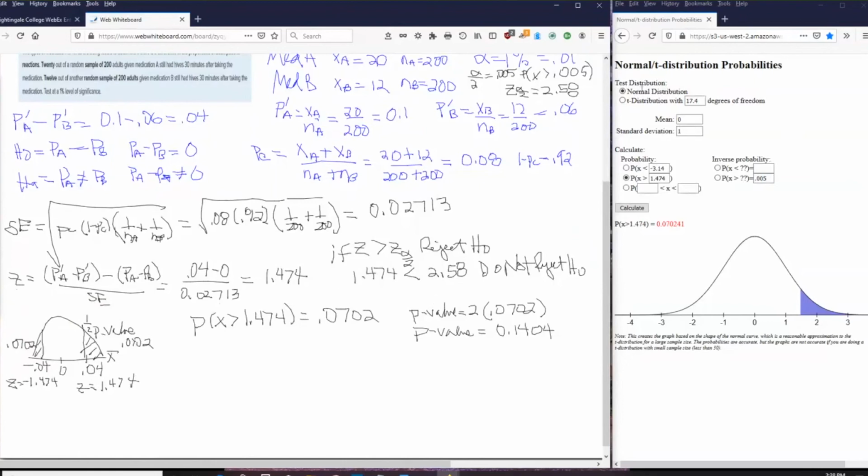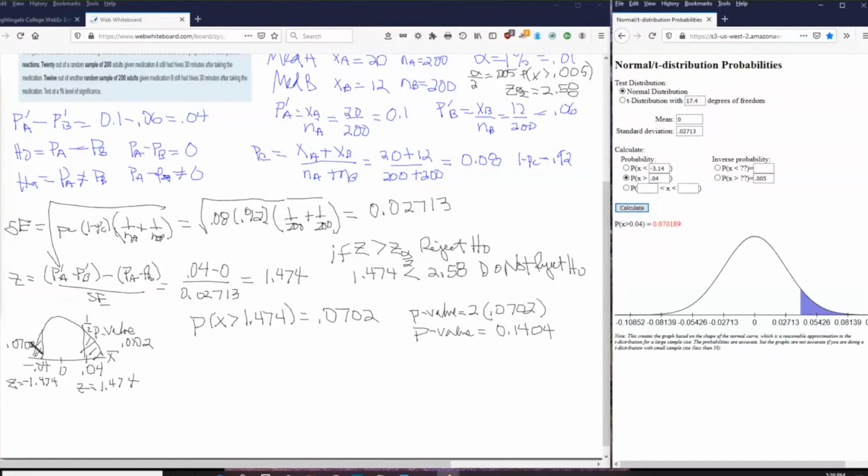So if I have a normal distribution, the mean is 0, standard deviation is 0.02713, then I could have also found my p-value by plugging in x greater than 0.04, and that's also going to give me that same number of 0.0702. Okay, any questions? So that's the second way that you can verify your p-value.